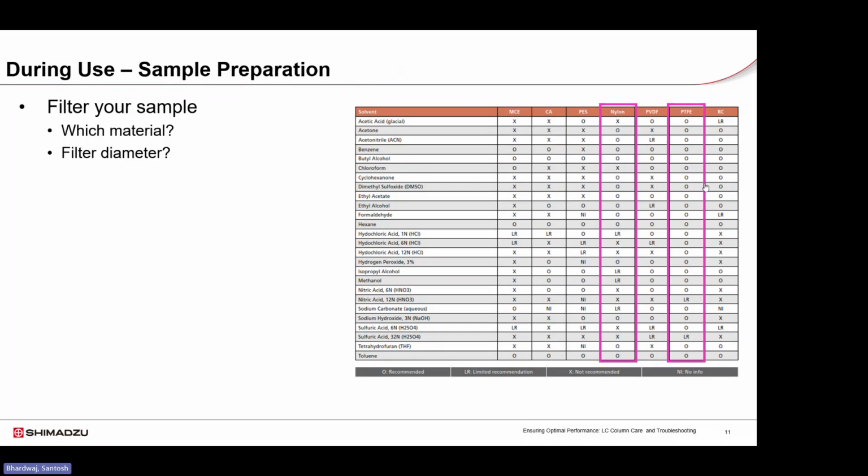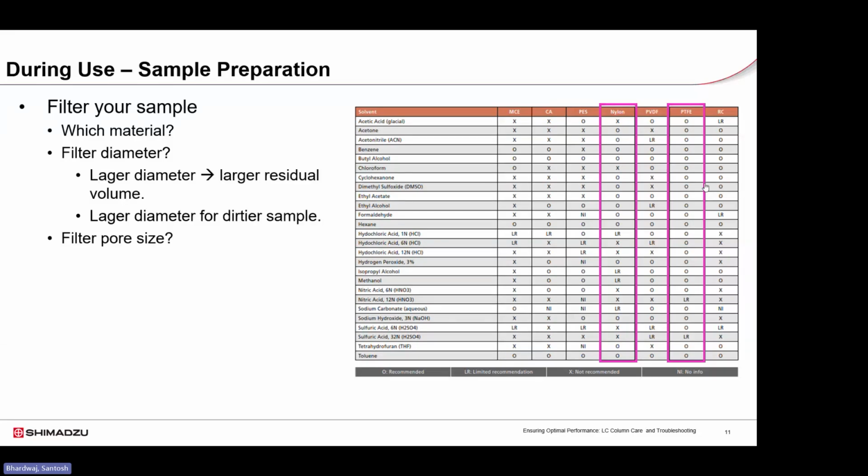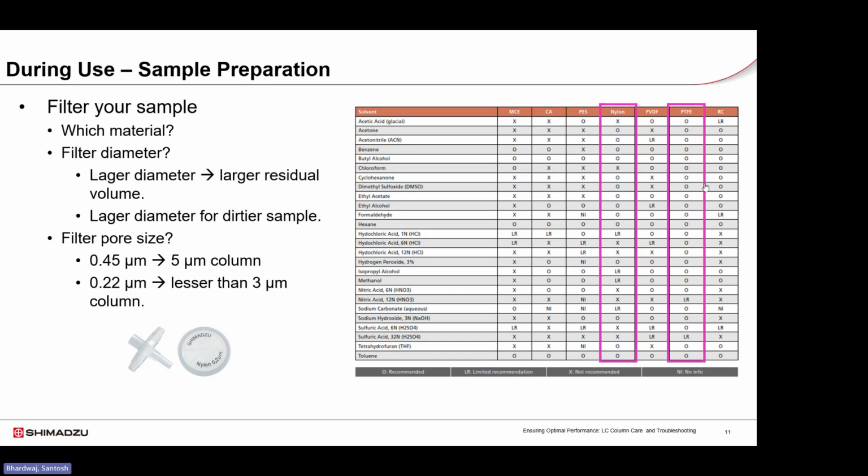Sample preparation is key to column performance and longevity. Filtration removes particulates that can clog column frits. The filter material must be compatible with the sample and solvent, with common options including PTFE, PVDF, and nylon. Choose filter diameter based on the sample cleanliness and match pore size to column particle size.